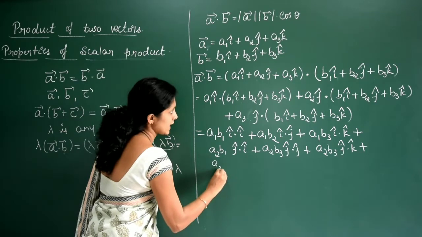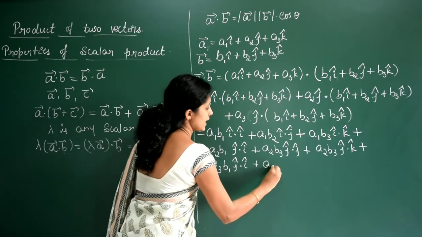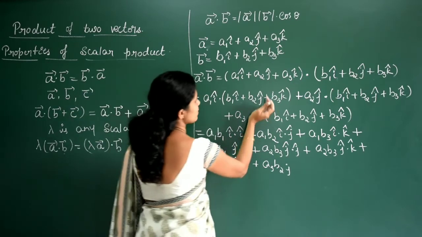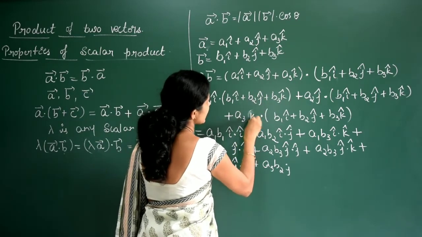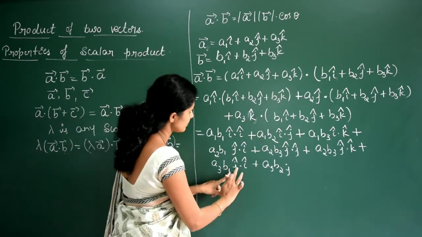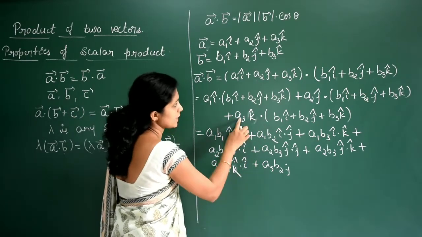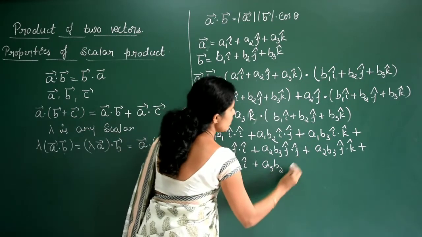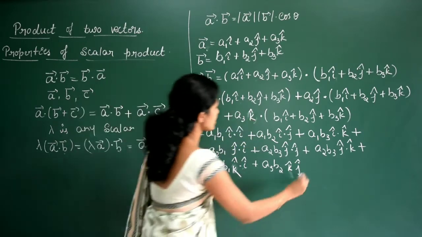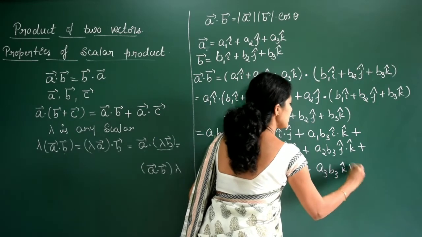So that will be A3 B1 k cap dot i cap, plus A3 B2 k cap dot j cap. I hope you understood this one, right? So this should be k, not j. Last term will be plus A3 B3 k cap dot k cap.